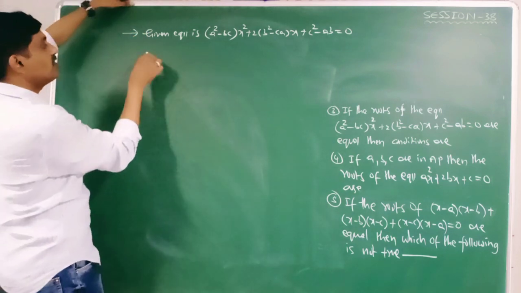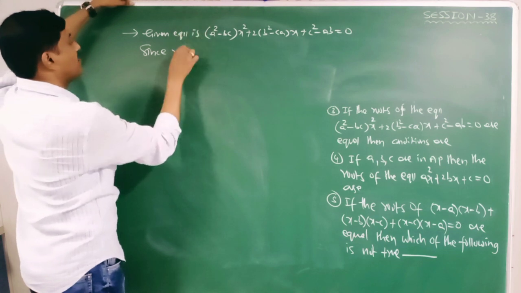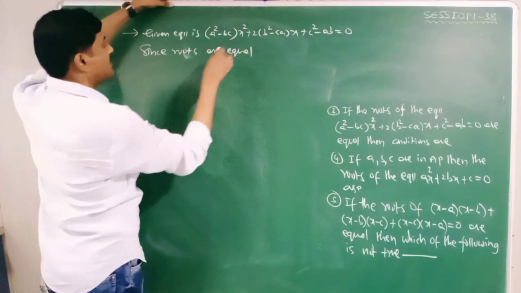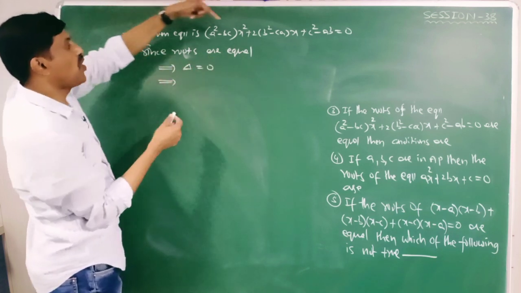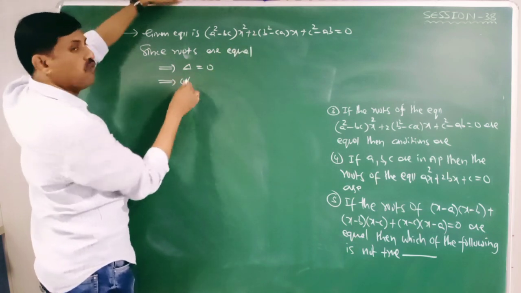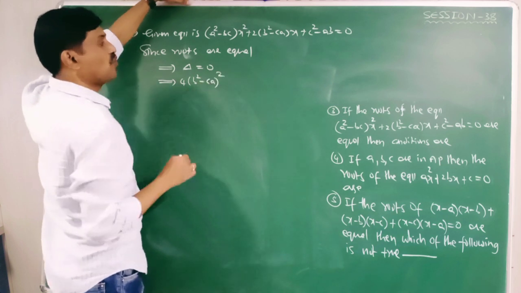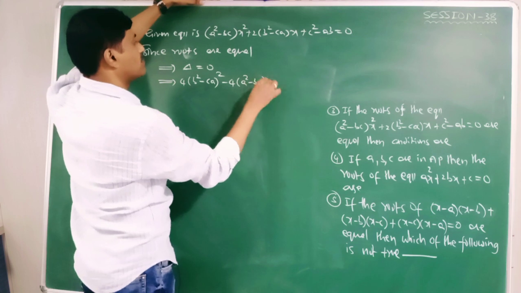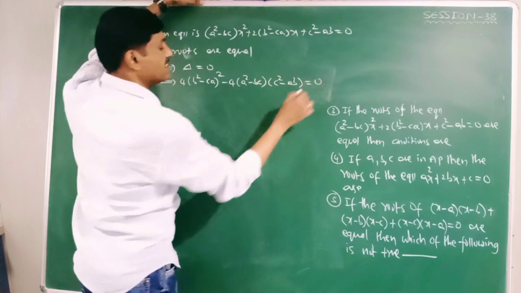Since the roots are equal, delta is equal to 0. Delta is b² − 4ac, that is 4(b² − ca)² − 4(a² − bc)(c² − ab) = 0.